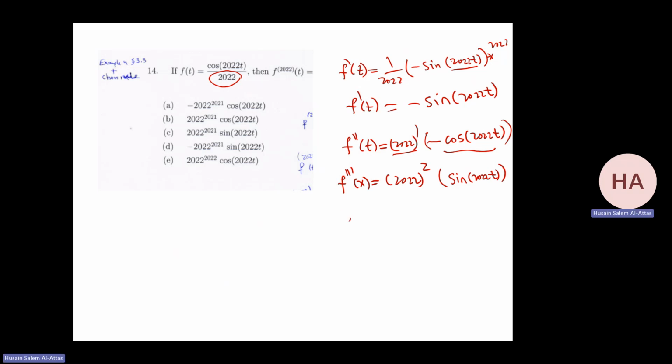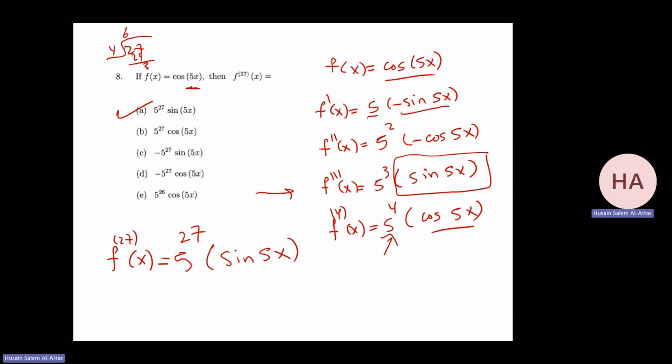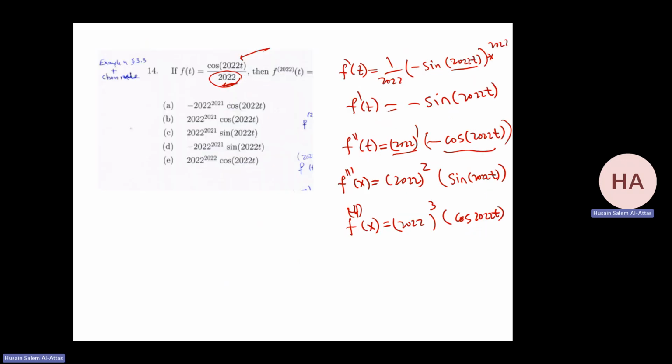The fourth derivative will be what? Cosine 2022t, which is the same one I started with, times 2022 to the power 3. Be careful. Since I divide by this number, the power is less by 1.